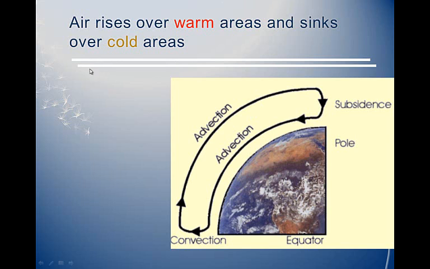Okay, so as the sun's energy comes towards the earth, remember that our earth is going to absorb about 50% of that energy and use that to warm the earth's surface. As we get closer to the equator, it is going to absorb more, because remember when we talked about seasons and rotation, that the equator from the Tropic of Cancer to the Tropic of Capricorn receive the most direct rays.